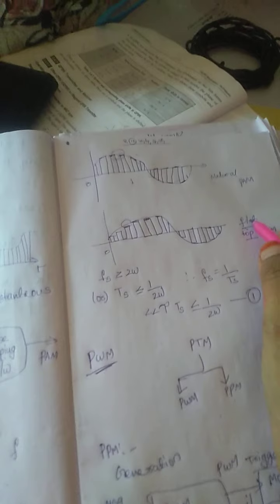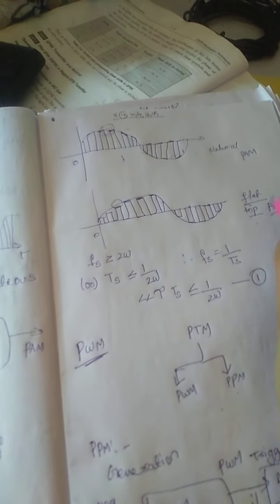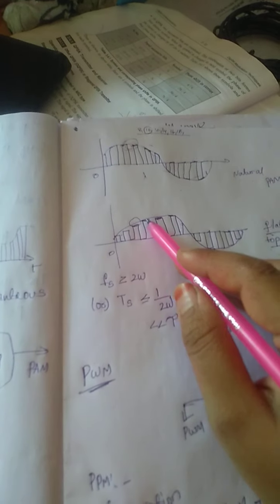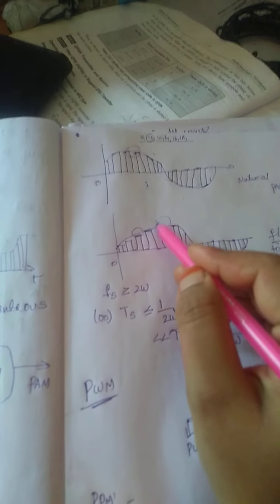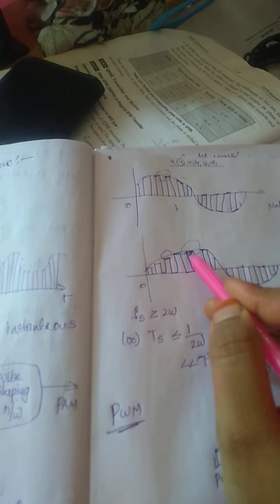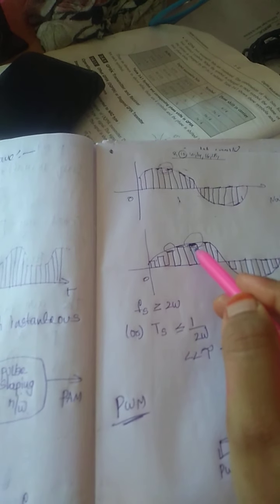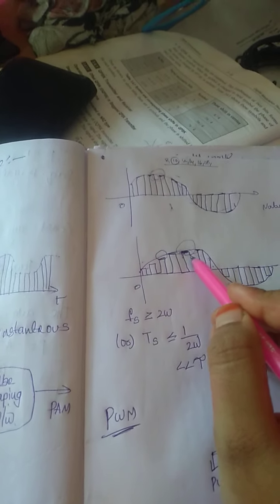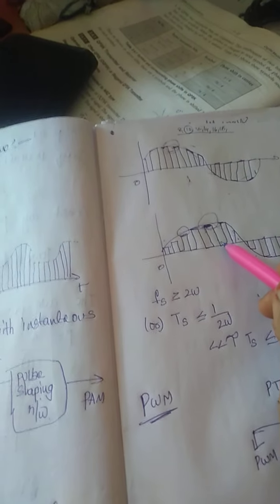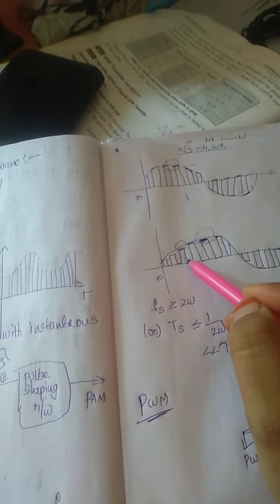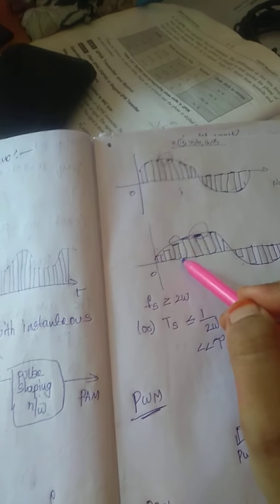Why we need to convert natural PAM into flat top PAM is to know the edge of every signal. We need to know the width of the signal and the amplitude variation in each pulse. If you want to know that, we need to have a flat top PAM. This will shape the pulse to give the flat tops.